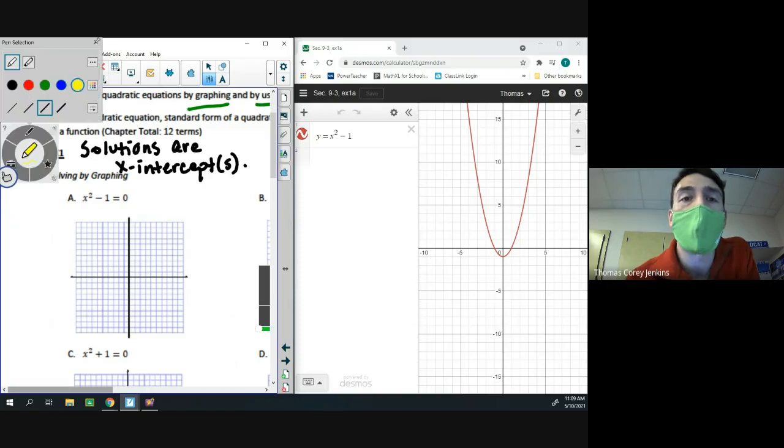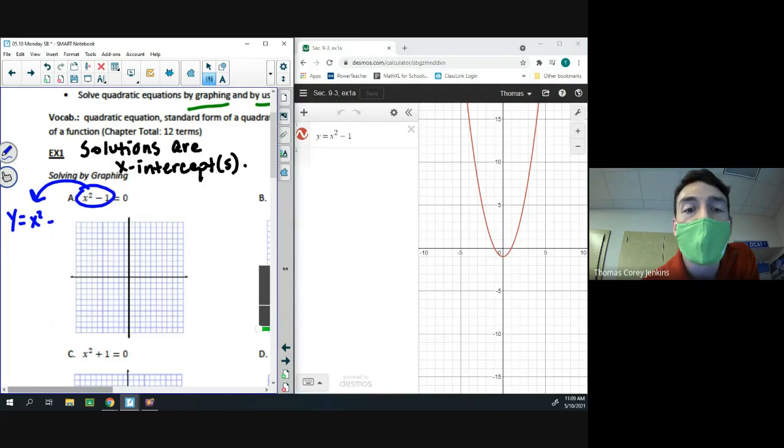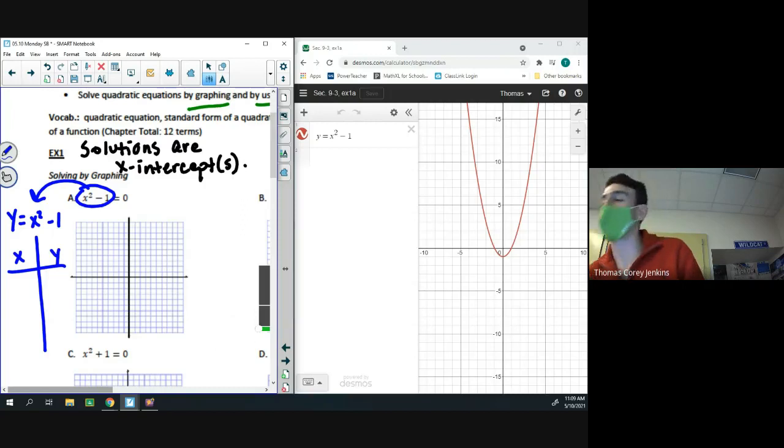All right. So what we want to do is take our standard form kind of expression, and type that into Desmos as y equals x squared minus 1. And then we've talked a lot about how to graph based on Desmos. I already have it in Desmos.